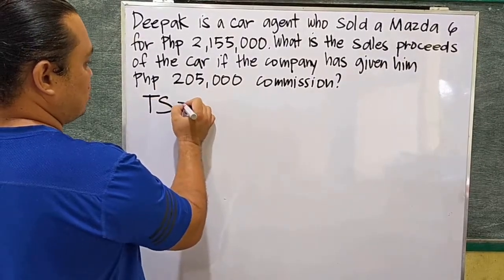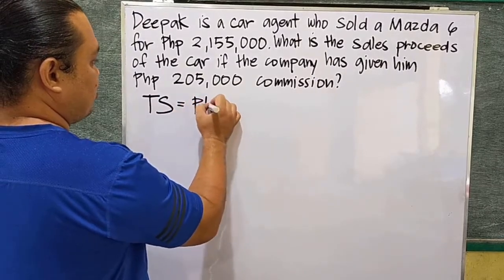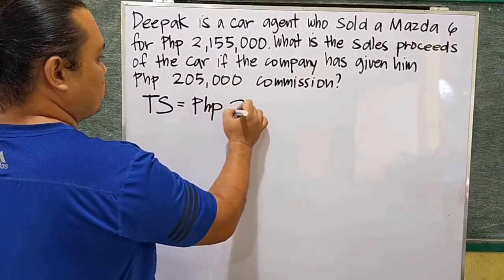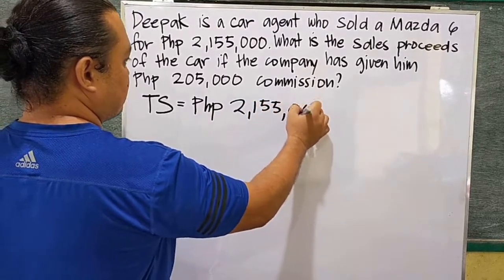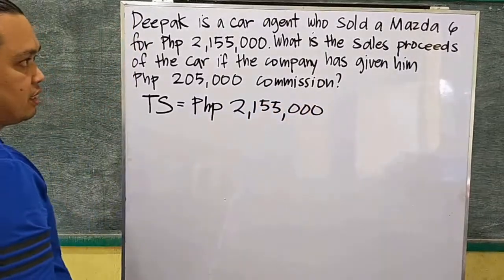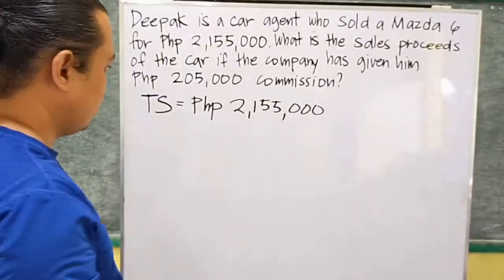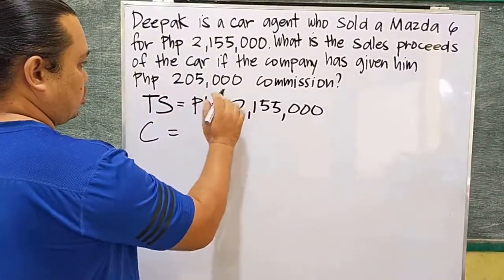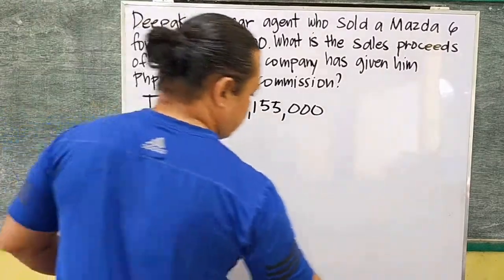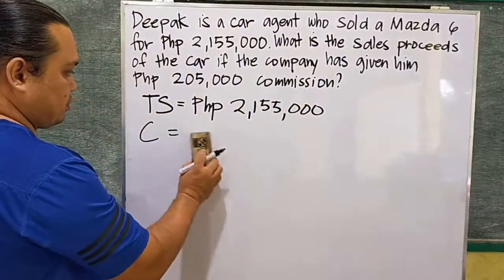So total sales is equal to Philippine pesos 2,155,000, and his commission, that's C, which is 205,000 Philippine pesos.